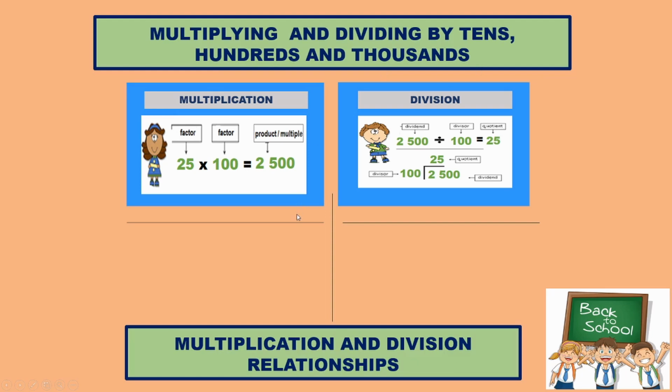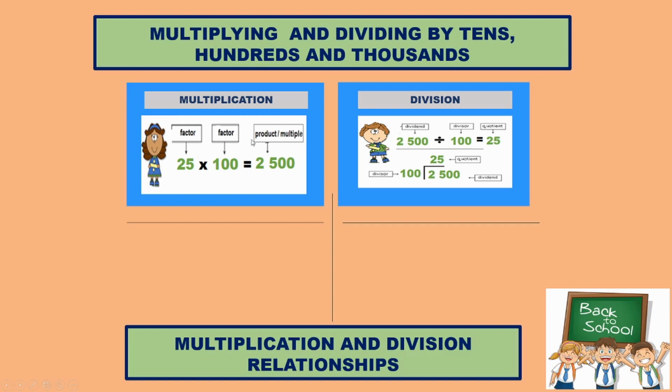But before that, I want to refresh the concept of the relationship between multiplication and division. Multiplication and division are closely related to each other, just like brothers and sisters. Who can answer this?